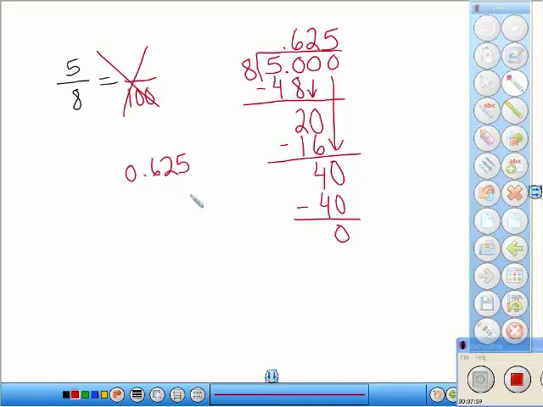And remember, from our previous page, if I want to change this into a percentage, I'm going to move the decimal 2 places to the right, so now it would be right here, and I would get 62.5%. So if you ever have a fraction where you can't make an equivalent fraction with 100 at the denominator, divide the numerator by the denominator.